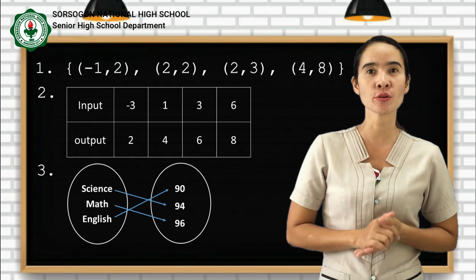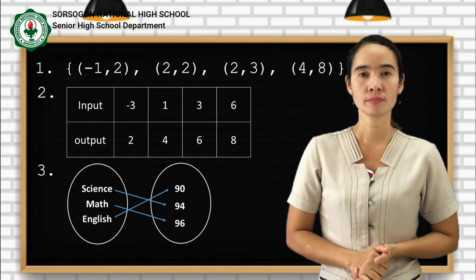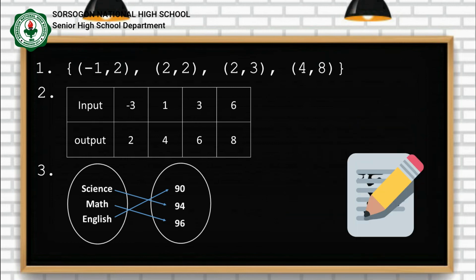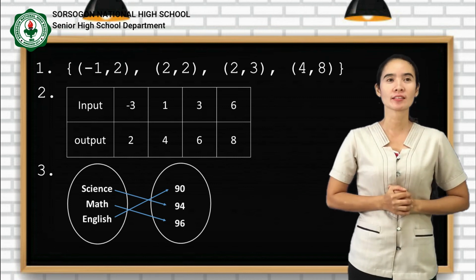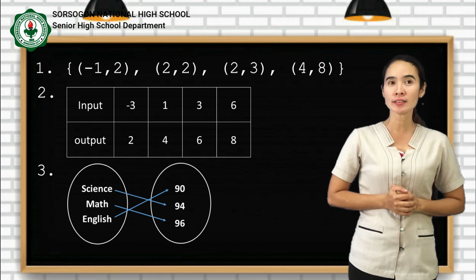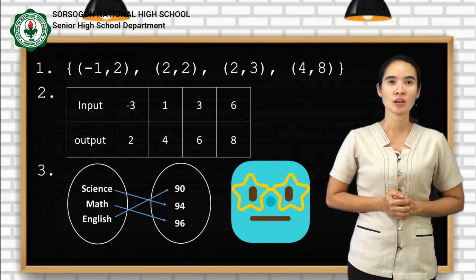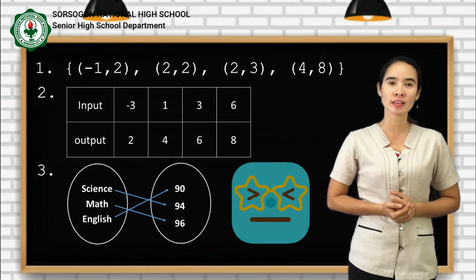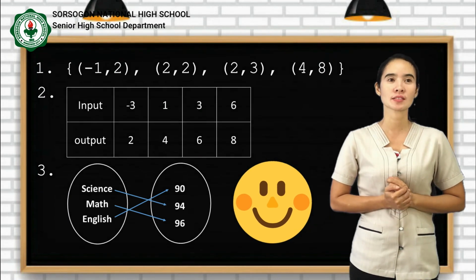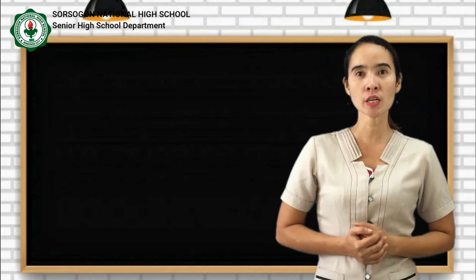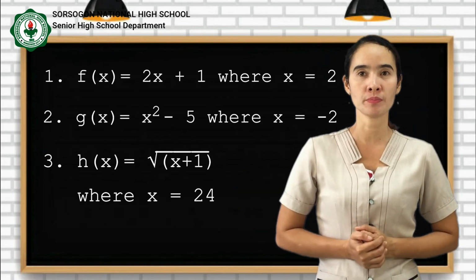Write your answers on your answer sheet. Let's check. The first item is not a function, while the second and third items are functions. Let's proceed to the next set of problems.